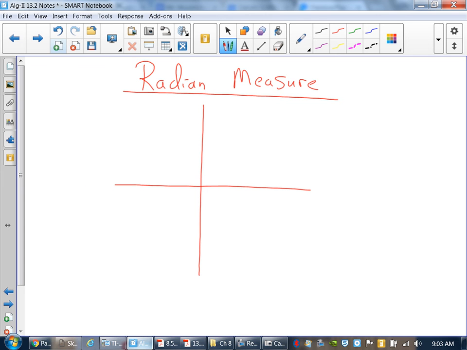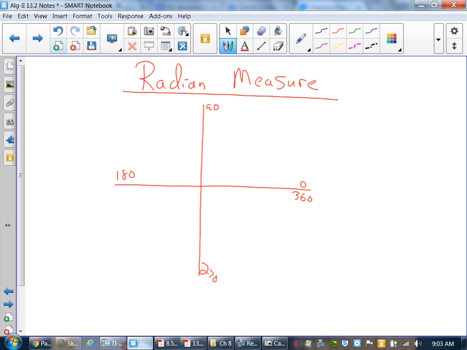So, back to our grid. If you start at 0, 90, 180, 270, and 360. When we talk about it in terms of radians, this is where pi comes in. Think about circumference, 2 pi r.